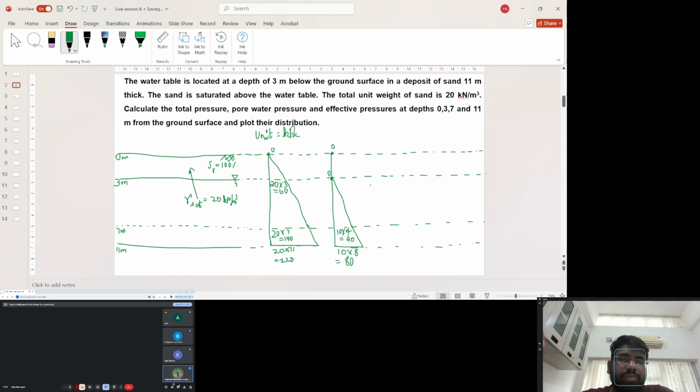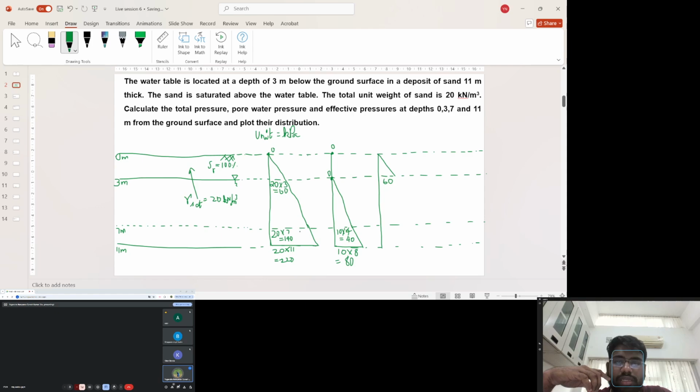Now coming to the effective stress distribution diagram. It is just total stress minus pore water pressure. Here it will be 60 minus 0, which is 60, and again 60 here.